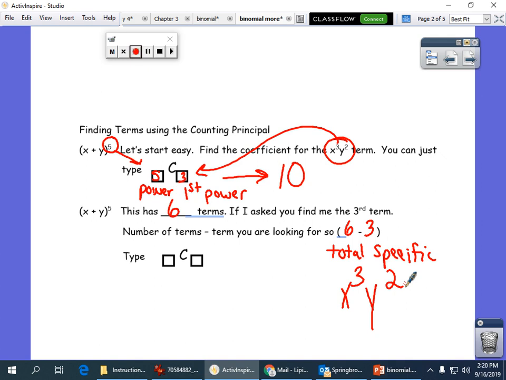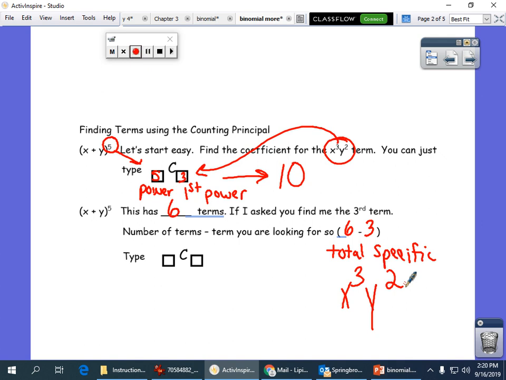I'll do it again slowly. In this case, they gave us the powers. They may ask you for the third term, the fourth term. When they ask you for a term, you have to increase the total by 1, and we get 6. You have to subtract the term you're looking for.